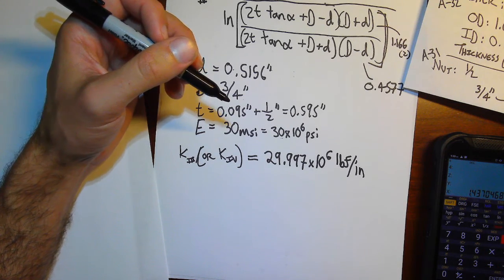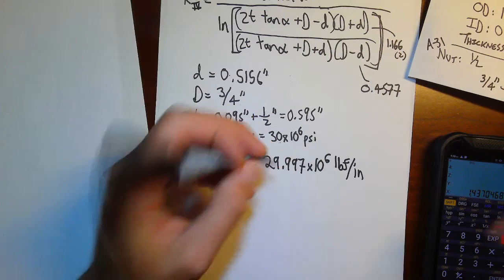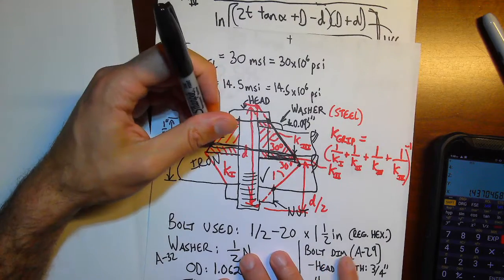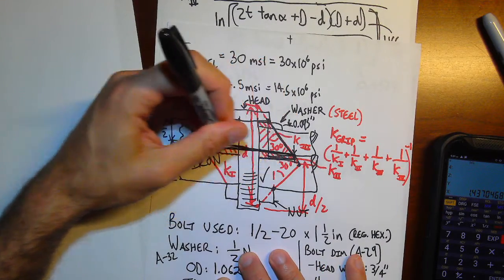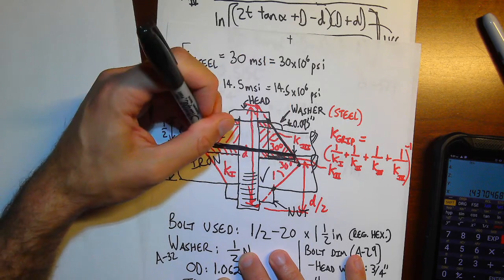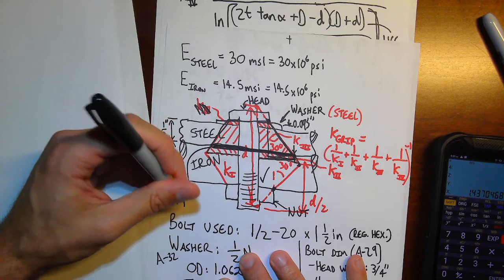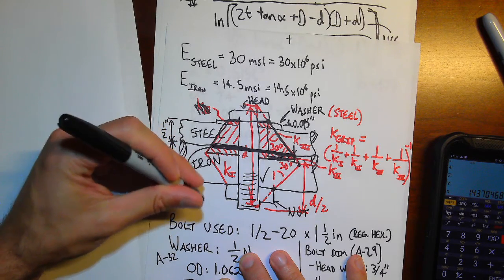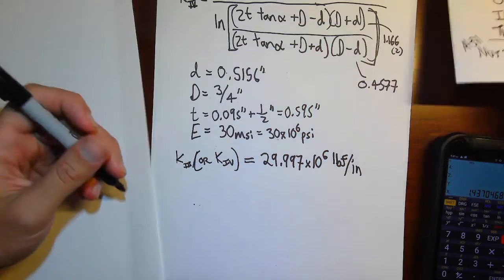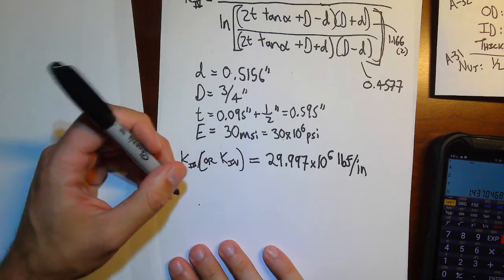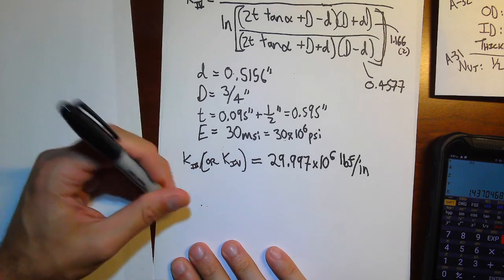If I multiply that by 2, that means the diameter right here at the interface, the diameter of the stress distribution at the interface, is 1.437 inches approximately. So for my last stiffness, I'm going to call it K2.